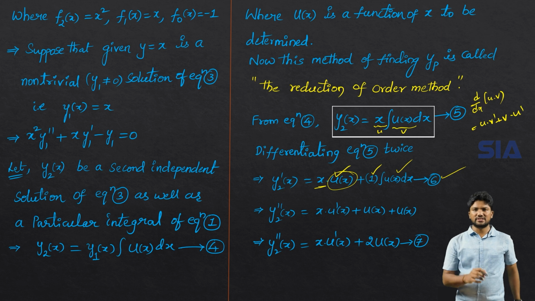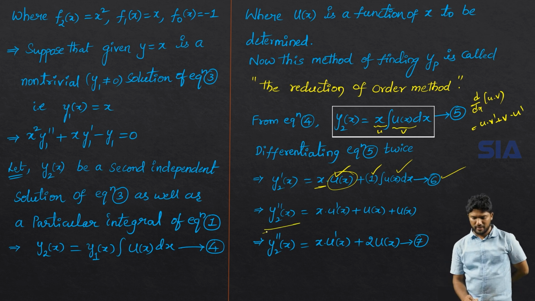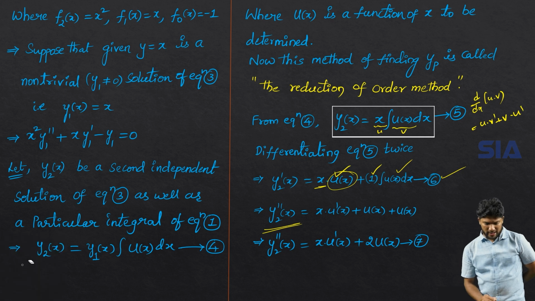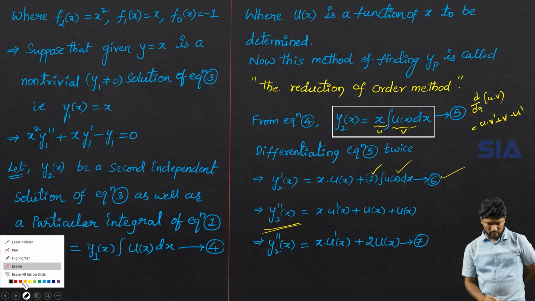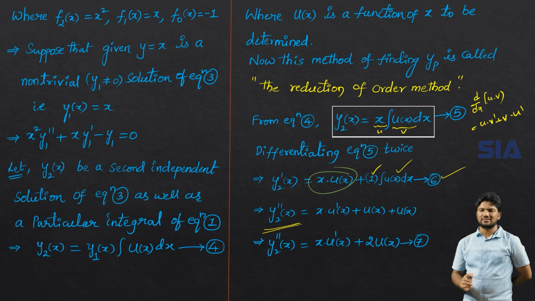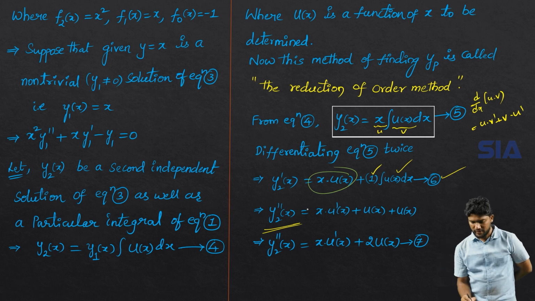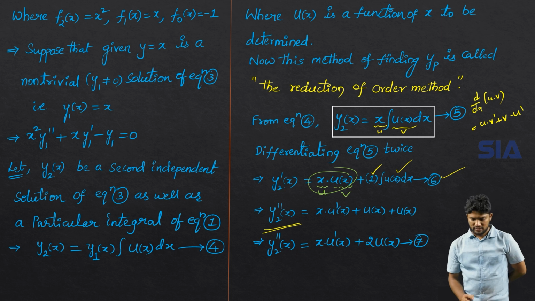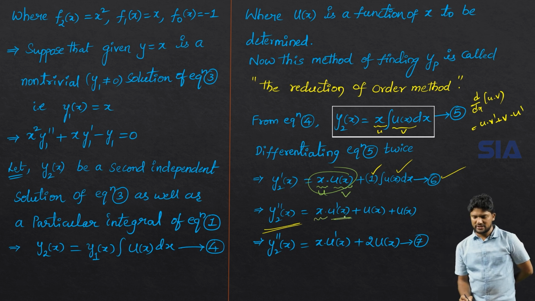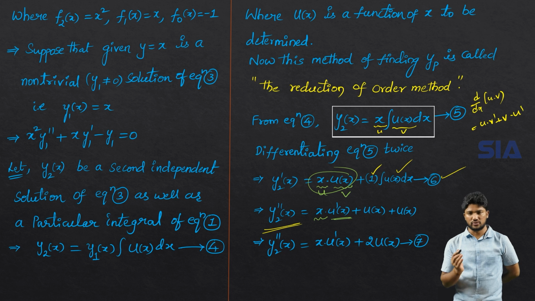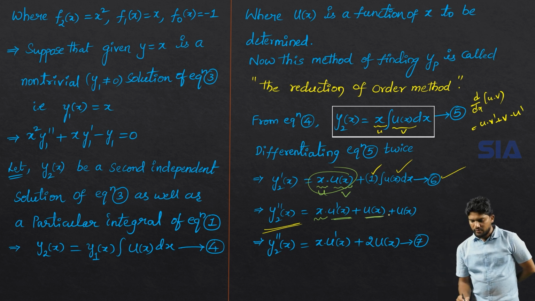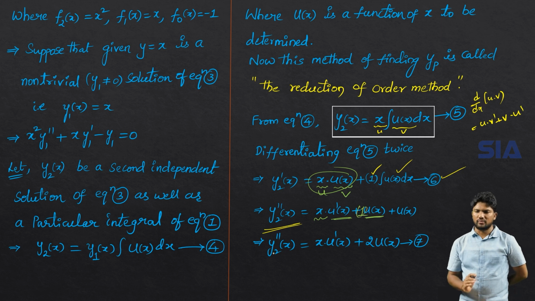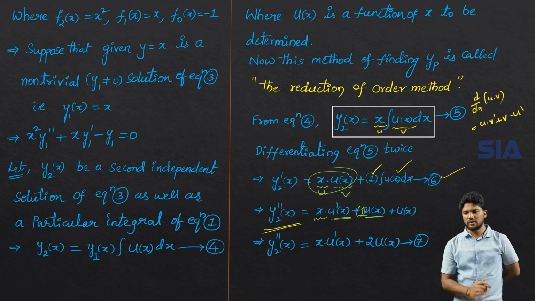Next, differentiate equation number 6 again with respect to x. y2 double dash of x is equal to, for the first two terms, use the u into v method. Here u is small x and v is u of x. So u into v dash, u is small x, into u dash of x, plus u dash into v, where u dash is 1, and v is u of x.